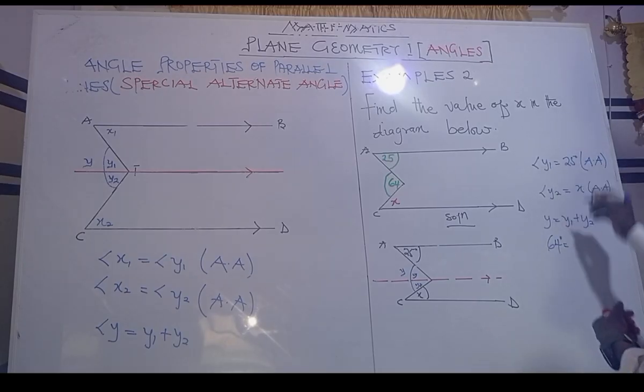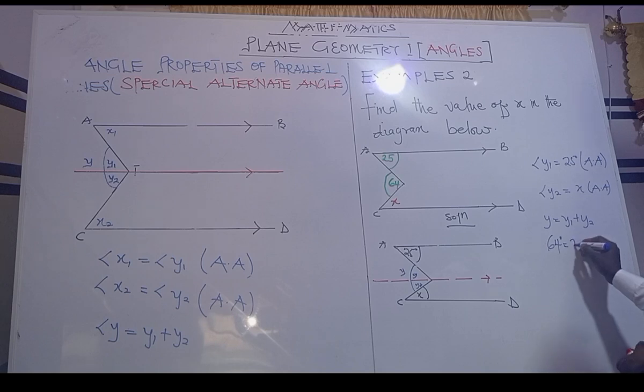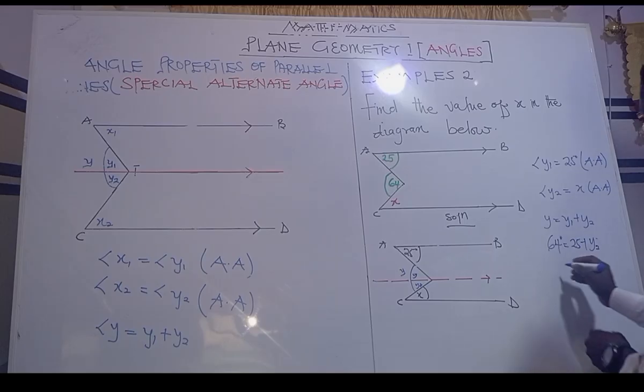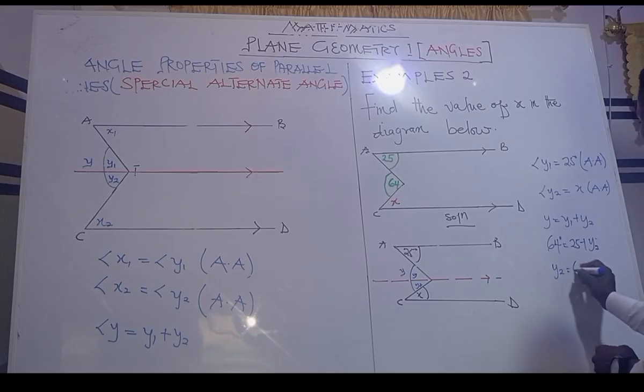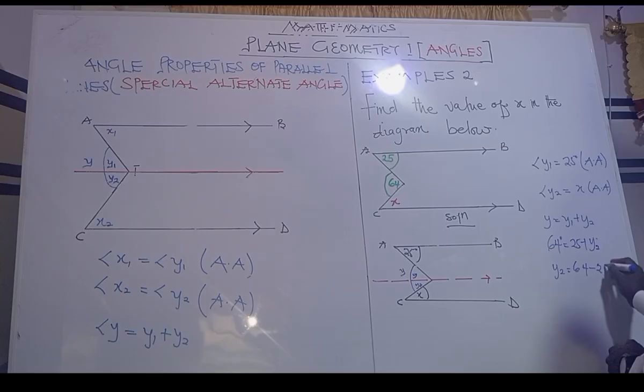So we have 25 degrees plus, we don't know y2. Are you getting the clue? Now, in finding the value for y2, it becomes very simple. We can say that our y2 is equal to 64 minus 25.